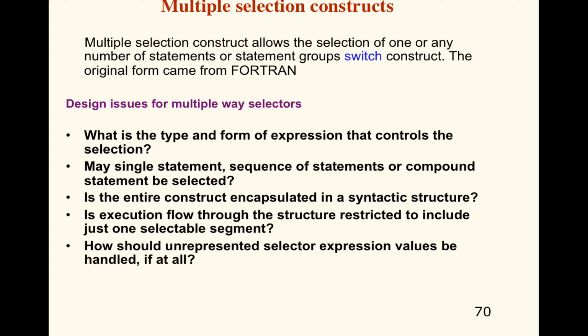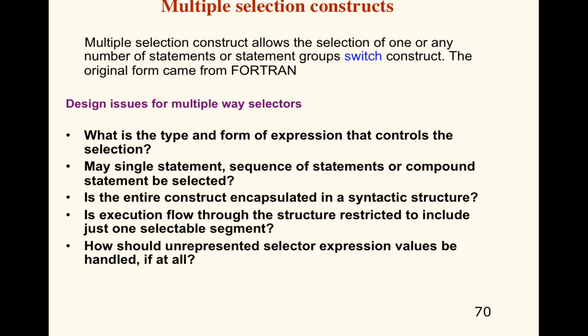May single statements, sequences of statements, or compound statements be selected? Usually the structure is left wide open, and you have to put the break in on purpose because we want to make sure that we're allowing for all of these different conditions. So a single statement could execute, a sequence of statements could execute, or compound statements could execute. Just in case you're not clear on the difference, a sequence of statements would be more than one: do this, do this, do this.